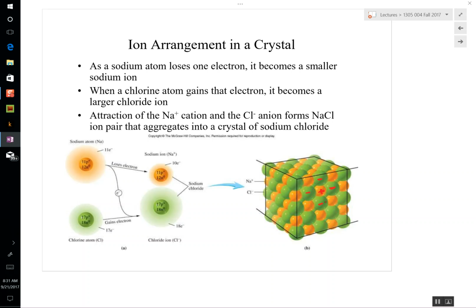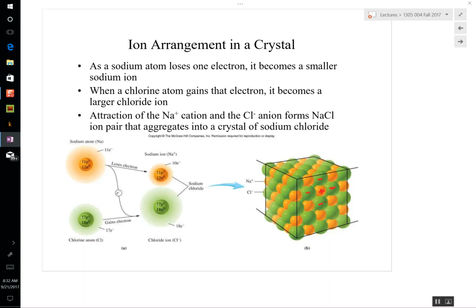That's what's attracting them. If you had a big chunk of salt and you took a hammer and broke it, it would break in such a way that you would have the same number of positive ions and negative ions in every piece of salt that you ended up with.